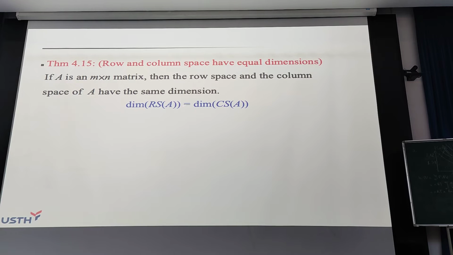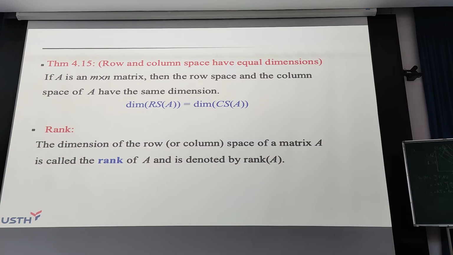Or by formula you can write it here like that, and then that dimension will become the rank of matrix A. In Vietnamese, hạng của matrix A, hạng của một matrix A bằng số chiều của không gian hàng hoặc là số chiều của không gian cột của matrix đó. Mà không gian hàng và không gian cột luôn luôn có cùng số chiều. That is what we are talking about now.